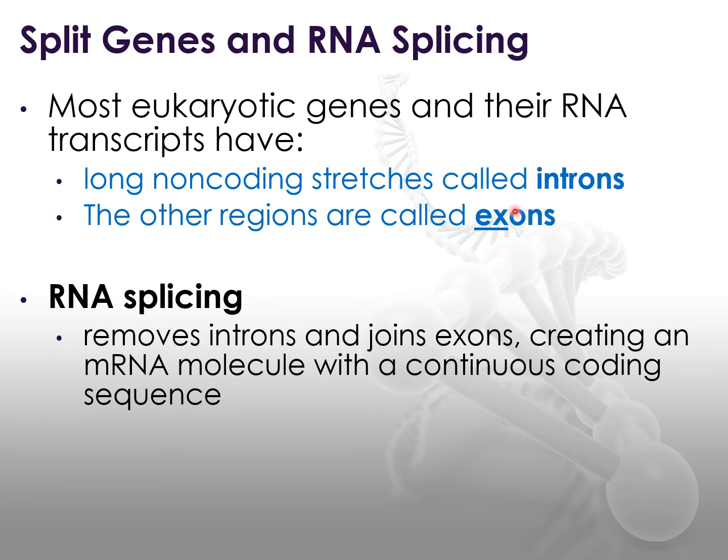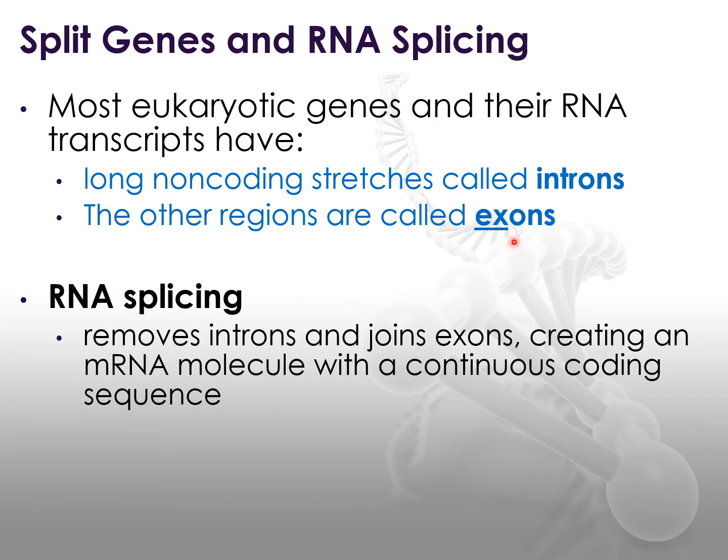The introns are regions of nucleotides that do not code for protein. And then the exons are the regions of nucleotides that do code for the proteins. So the introns are commonly called the non-coding regions, and the exons are often called the coding regions. And the coding regions are what is going to be expressed in the protein in some way.